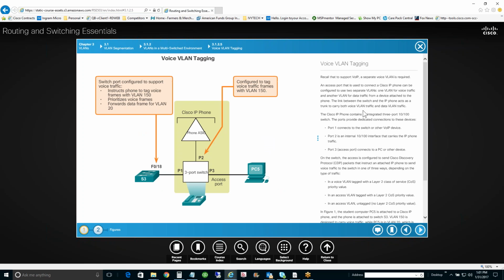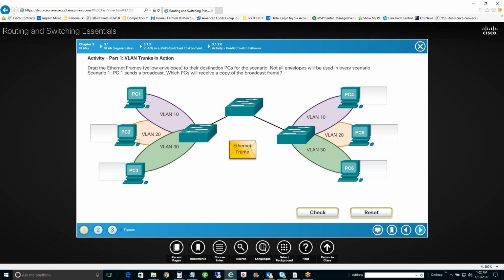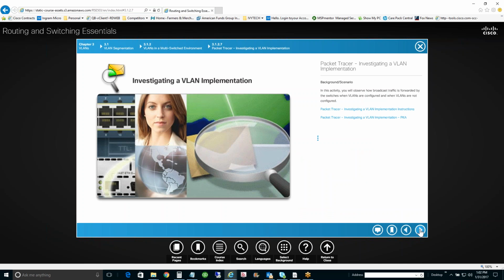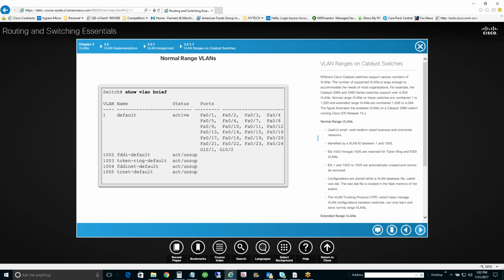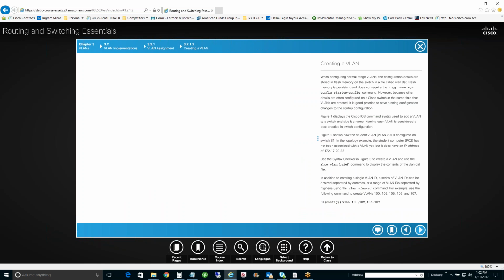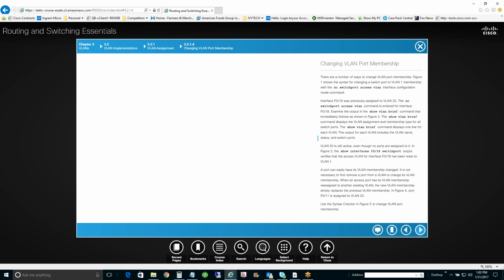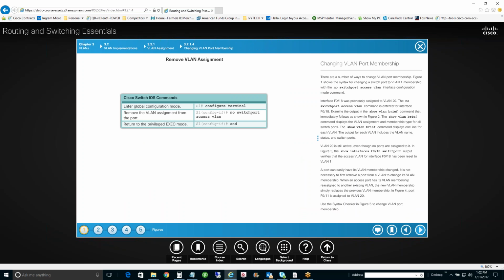So they go through a pretty good discussion about VLAN tagging, and this is good to know. It's very important that you understand the concepts of tagging and trunking and how all that actually functions. They go through configurations of creating different VLANs and how to change port membership of an access port from one VLAN to another.